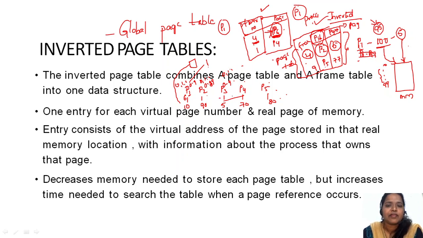As we are having 5 processes, and suppose I need P5 process's ninth frame, P5 process 75. So from the starting, P1, P2, P3, P4, P5, I have to search in a sequential order or in a linear order, which is a drawback and time consuming. So this is the drawback of inverted page tables.